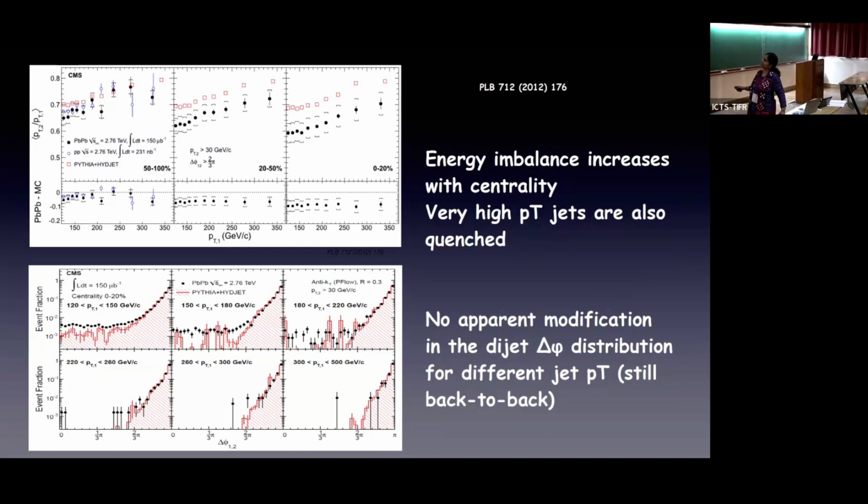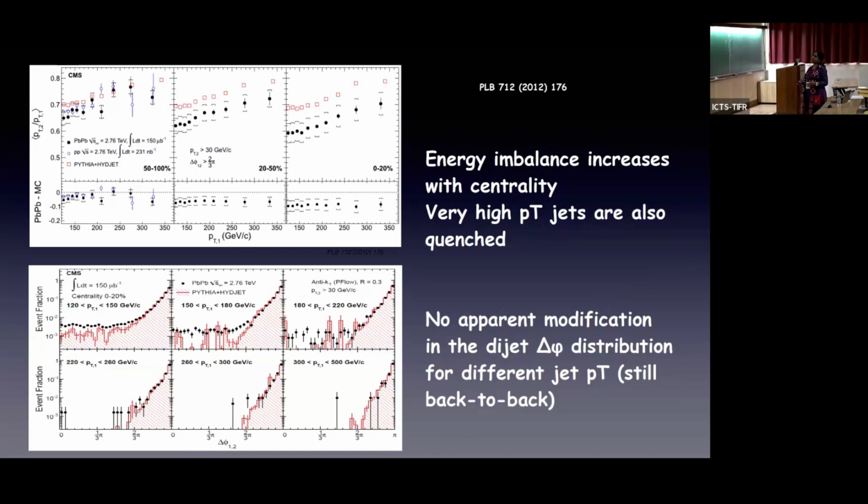Here we can see that the energy imbalance increases with centrality. So you see this going from peripheral to central events, and you see how the value changes. Because the PT of the subleading jet decreases, the value decreases from peripheral to central collisions. This is another way of displaying the same result.